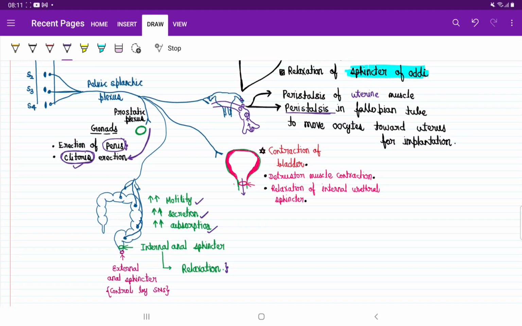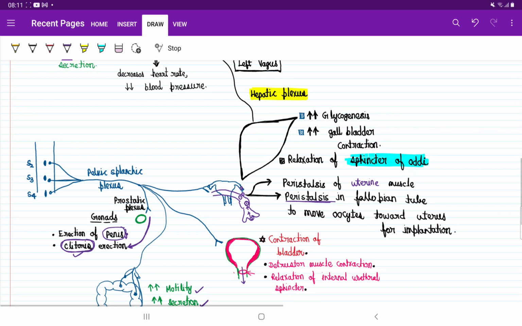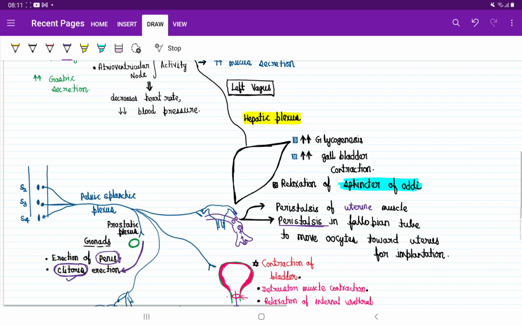the parasympathetic neural supply. In parasympathetic neural supply, we observed that the pelvic splanchnic plexus causes release of urine, increases activity of the large intestine, causes erection in the penis and clitoris, and causes more peristalsis in the fallopian tube and uterus.